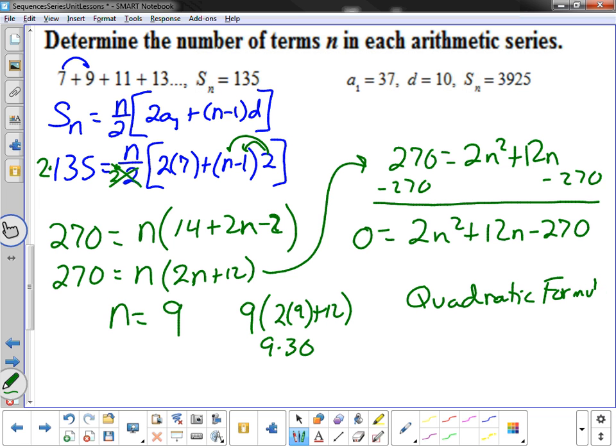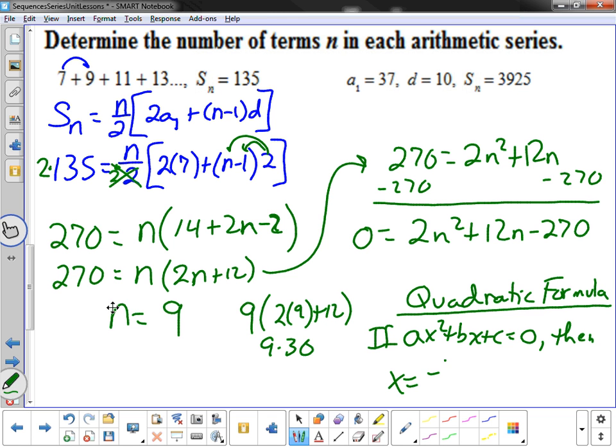As a reminder, yes, I expect you to remember everything from Algebra 1. So given ax squared plus bx plus c equals 0, then x equals the opposite of the b plus or minus the square root of b squared minus 4ac, all over 2a.